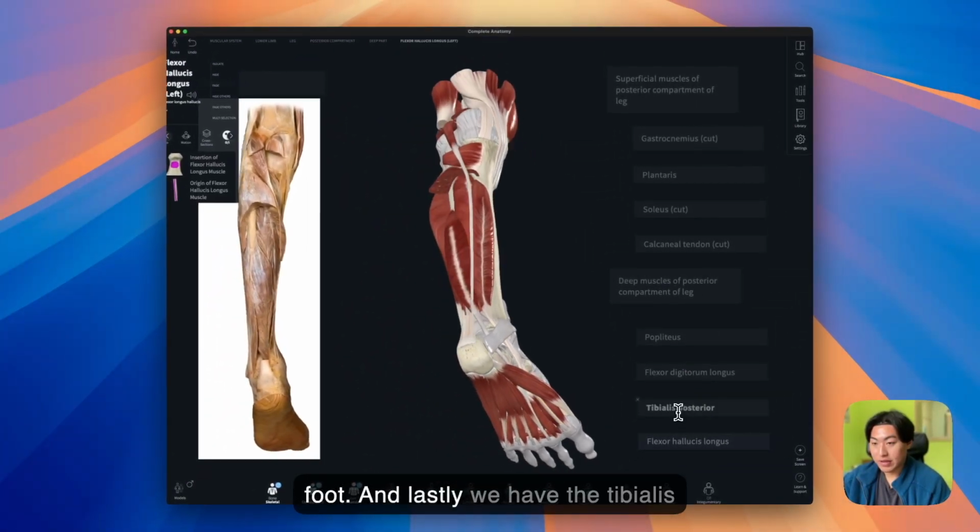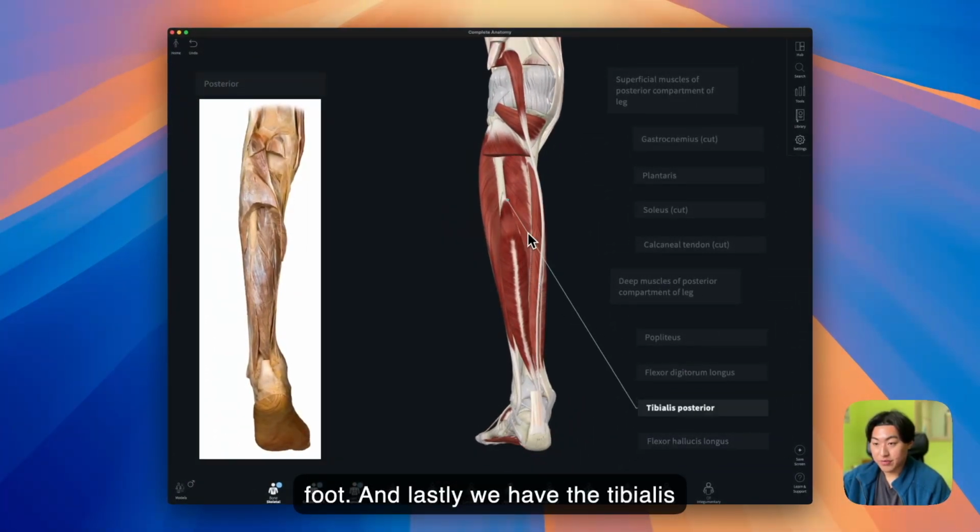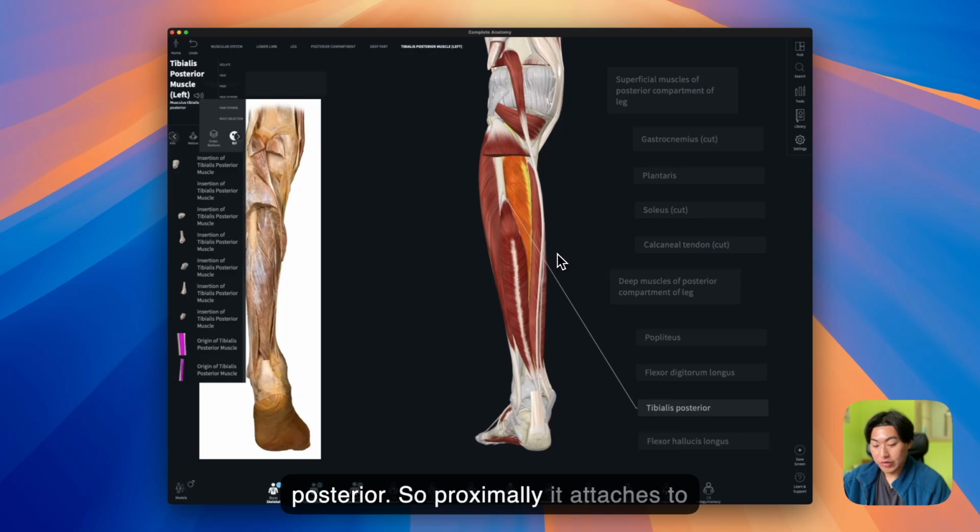And lastly, we have the tibialis posterior. So proximally, it attaches to the interosseous membrane and to the tibia inferior to the soleal line, and also the posterior surface of the fibula.